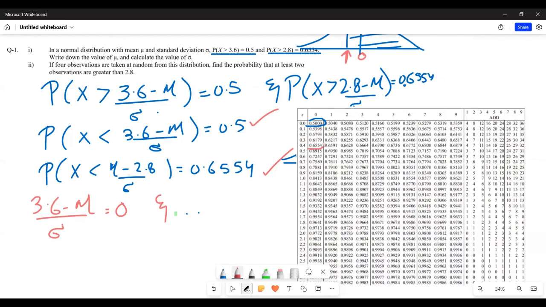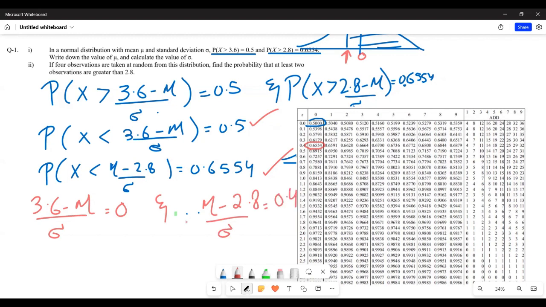Here it is. It's also there in an exact form. We don't need to add anything further to it. So this is 0.40. So (mu minus 2.8) upon sigma is equal to 0.40, or 0.4.